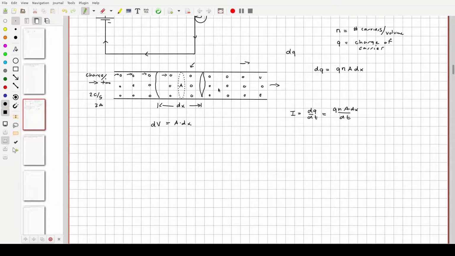The area we're going to assume is nice and regular, so we're going to assume it's constant. So really the only thing that is changing is x, hence the dx. And if you were to go back and look at University Physics 1, dx/dt is velocity. So we're going to call this v sub d for drift velocity.